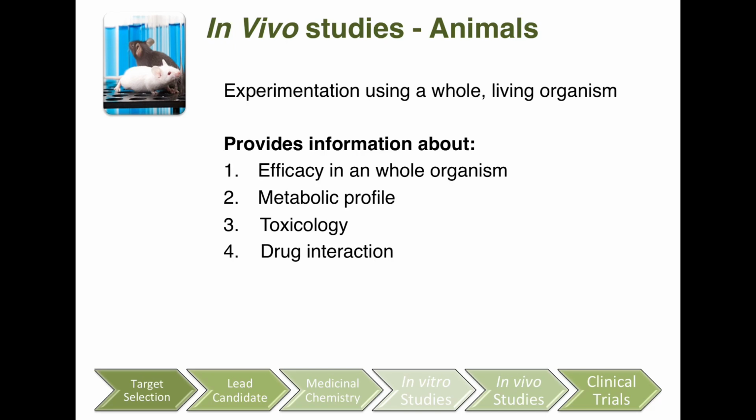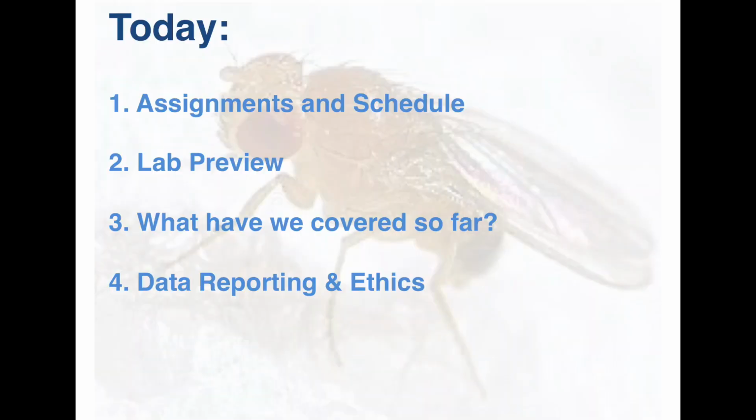Because you don't want to end up with a compound that's looking good in vitro, in vivo, in people, but then when we get to a large population of patients with the disease, suddenly the drug fails. And you might not see that until phase 3 or phase 4, when hundreds of millions of dollars have been invested and people start dropping dead because they're just taking the regular medications that patients take with that disease. So drug interactions can be tested in animals and are an important component of preclinical studies.